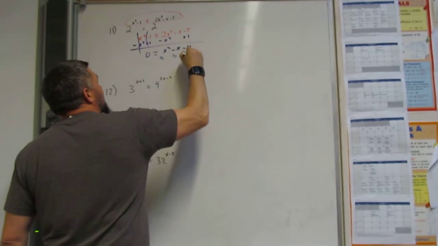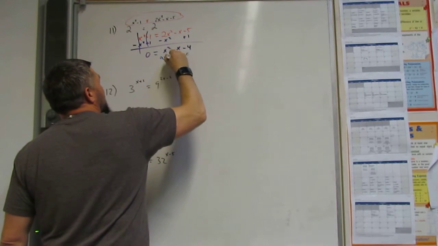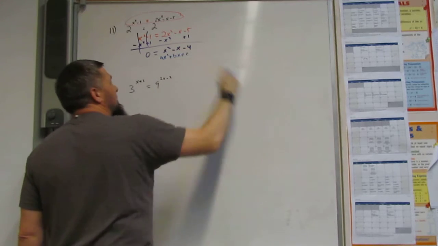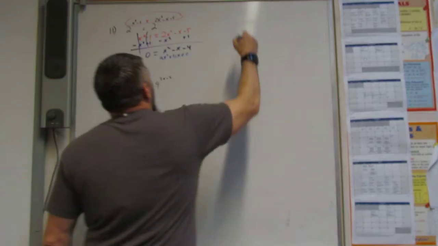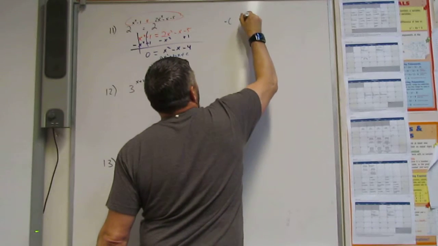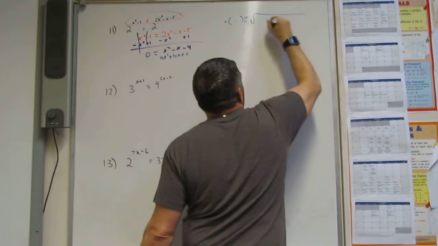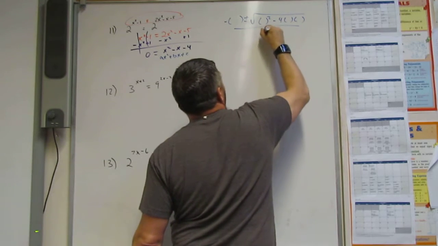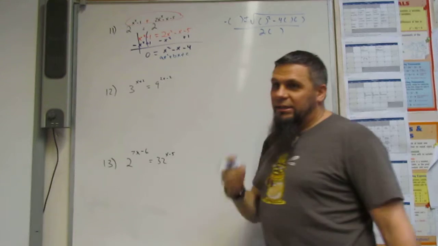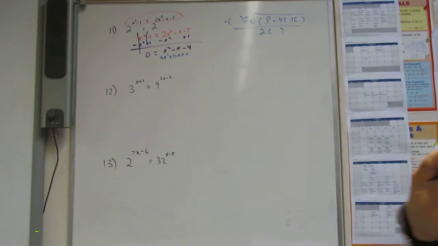A, B, C. AX squared plus BX plus C. Do you remember that? Quadratic formula. Negative B plus or minus the square root of B squared minus 4AC all over 2A. Now I didn't write it out, I just said it. So you might need to rewind this and rewind it until you can follow it through.